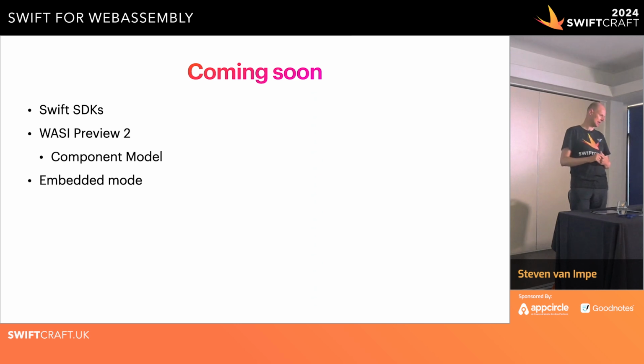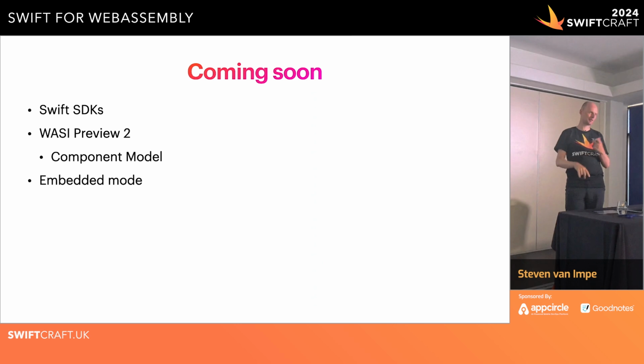The biggest improvement coming is WASI Preview 2, because it's built around the component model. The component model has built-in support for describing higher level types. So you can just describe any type as like an interface and then generate the corresponding Swift type. This removes all of the workarounds that involve sharing memory and pointers and so on.